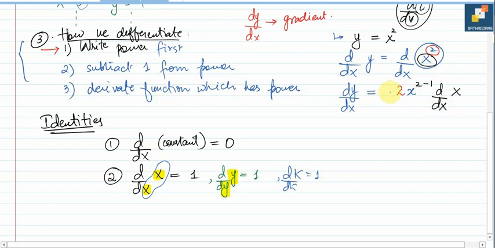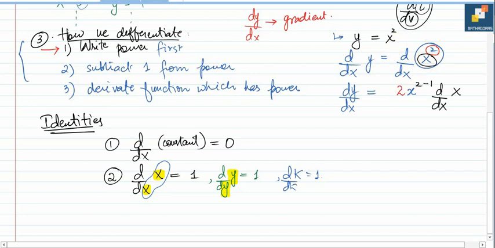Again I am recalling those three steps. Listen carefully. The first one, write down the power. So at first it says d by dx of x square, so the power is 2. I wrote the power at first, that is my first step. After that, subtract 1 from the power. The initial power was 2, I need to subtract 1, so that is step number 2. Step number 3, differentiate the function which has power.